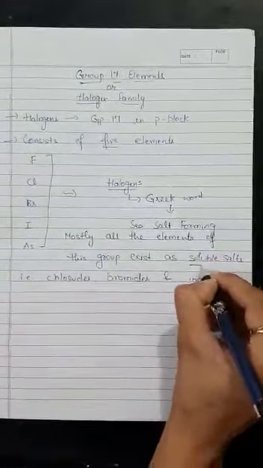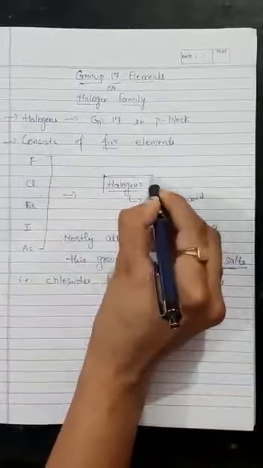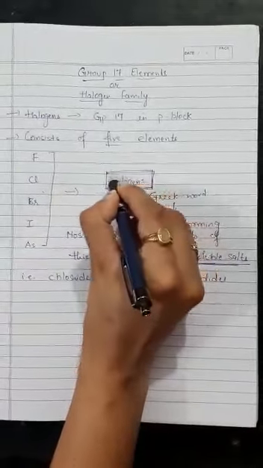Due to their existence as soluble salts, all these elements are known as the halogens.